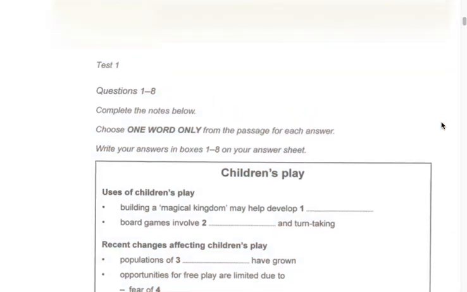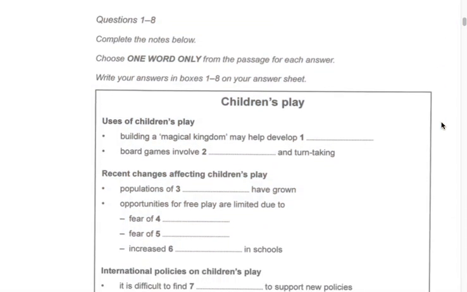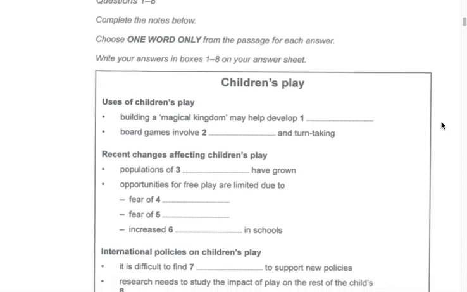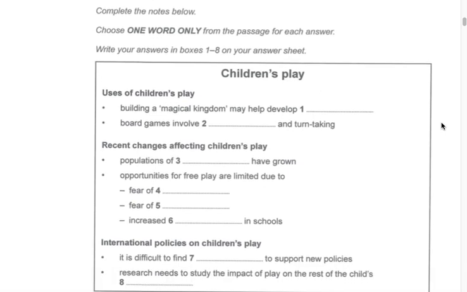So let's start with question 1. The question is, building a magical kingdom may help develop blank.